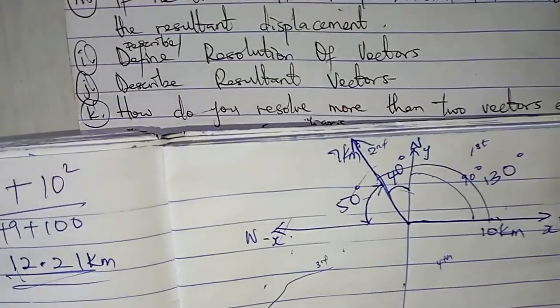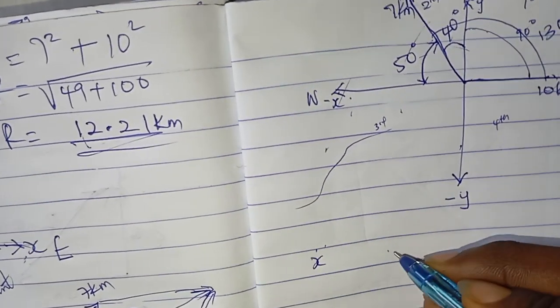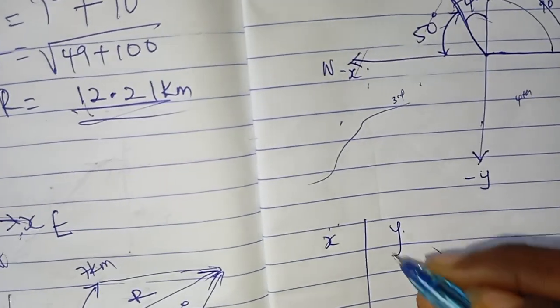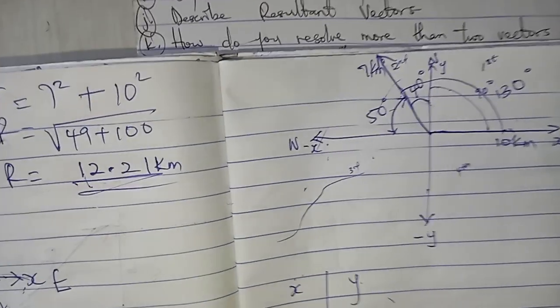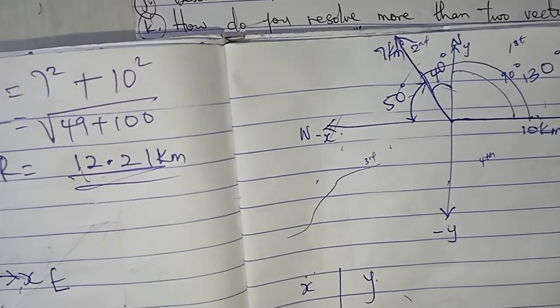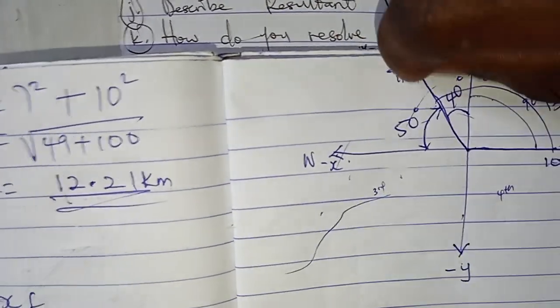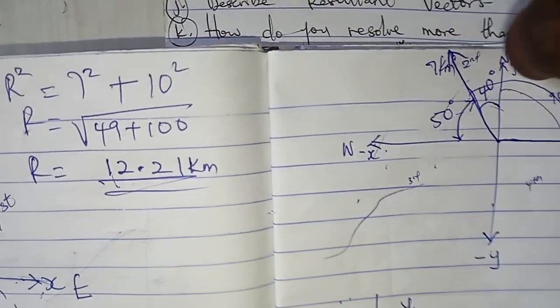So it will simply be, let me draw another one, x, y. So I will have 7 cos 50 degrees. Then carrying this now to y, it will be going away from this angle.